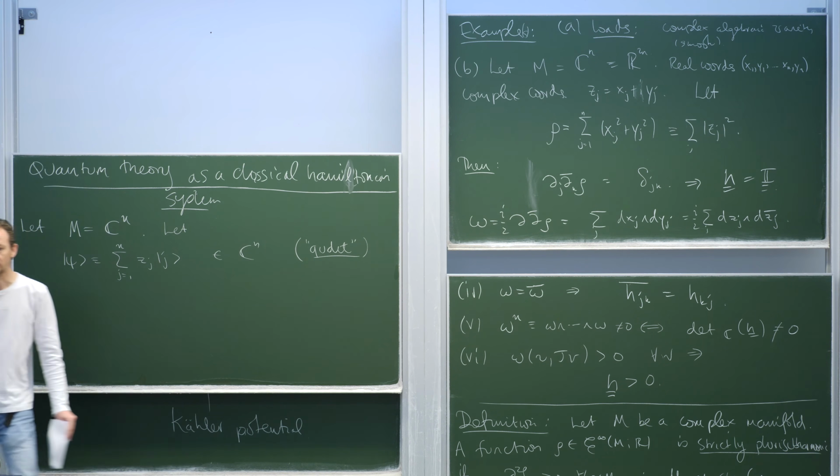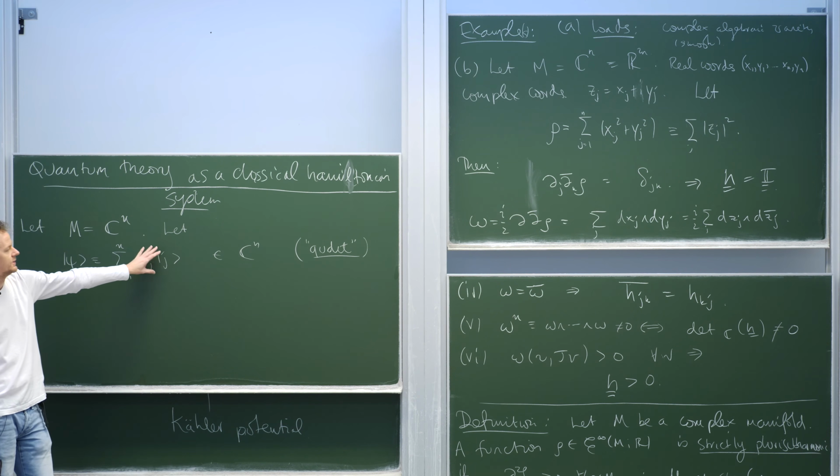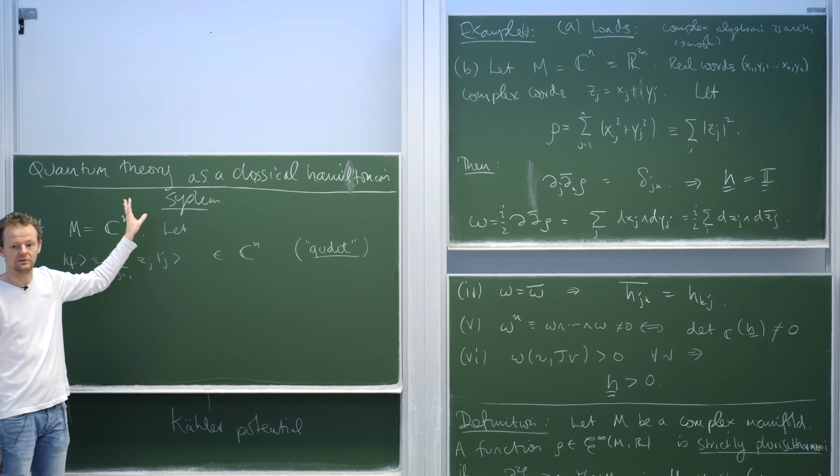This is the configuration space for an n-level quantum system. A qubit is when n is 2, a qutrit is when n is 3, and so on. So this is like a spin n over 2 particle, just one spin n over 2 particle.